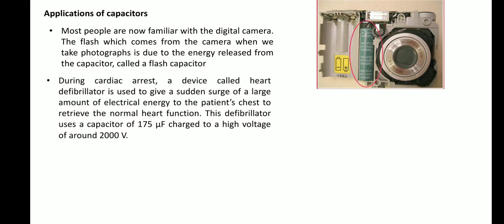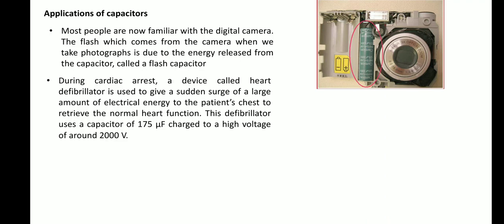The next application of the capacitor: during a cardiac arrest, a device called a heart defibrillator is used to give a sudden surge of a large amount of electrical energy to the patient's chest to retrieve normal heart function.